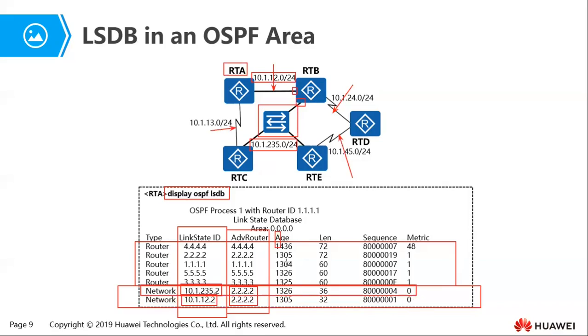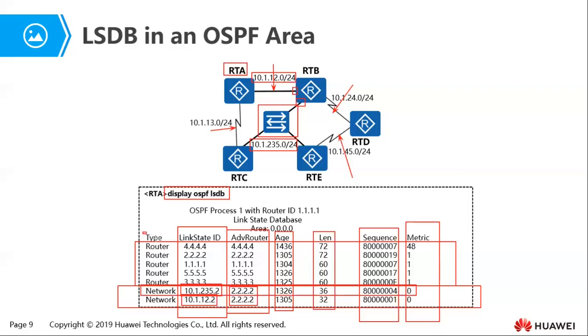You remember the age field on the LSA: number of seconds since that LSA was generated. Length is the size in bytes. Then this sequence is the ID number of that message. Metric is the cost.